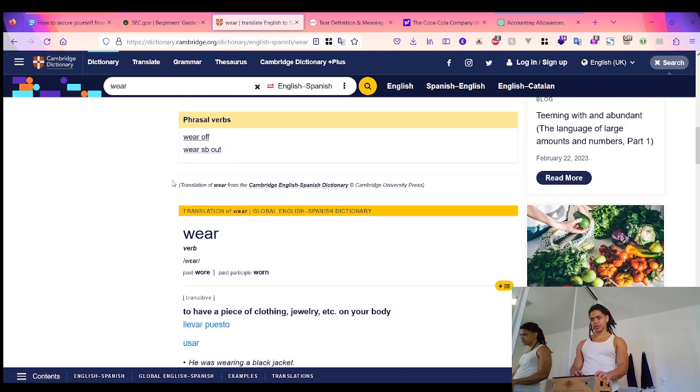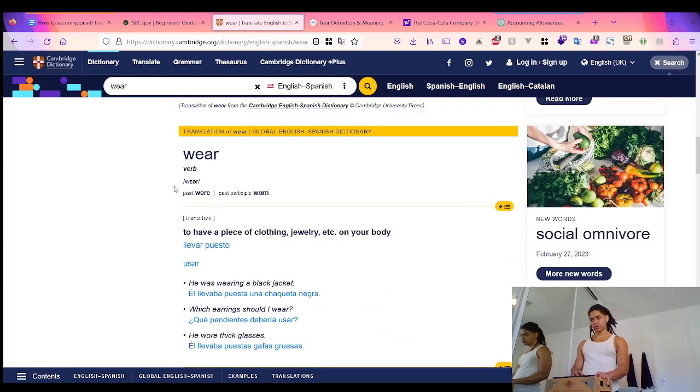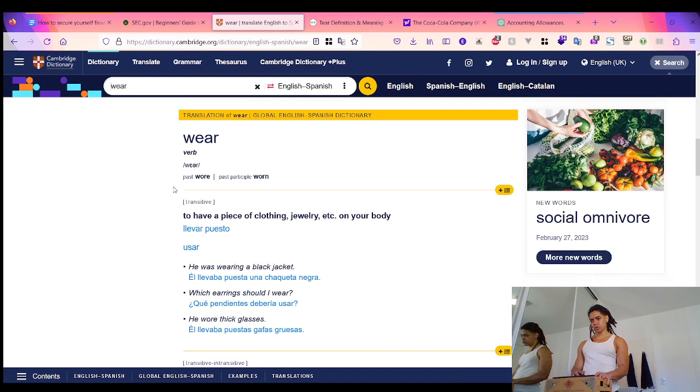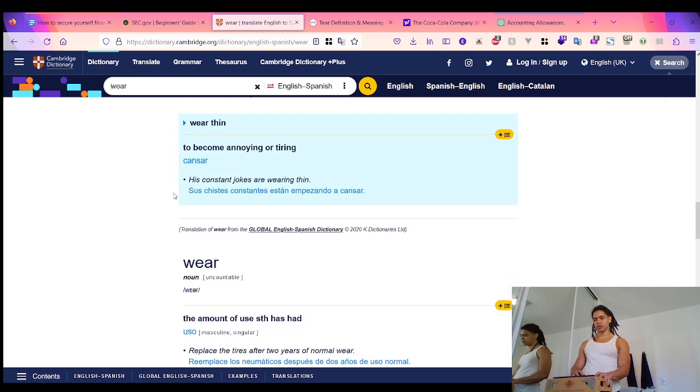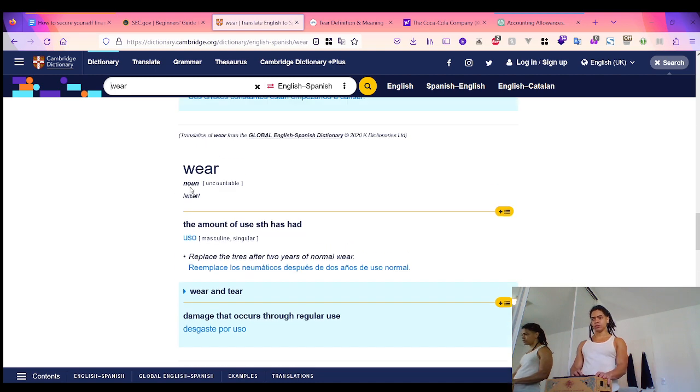Desgaste in Spanish. To have a piece of clothing or jewelry on your body. Yeah, okay. Weird, the amount of use. El desgaste, as a noun.